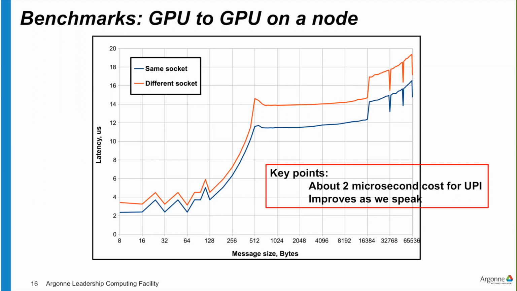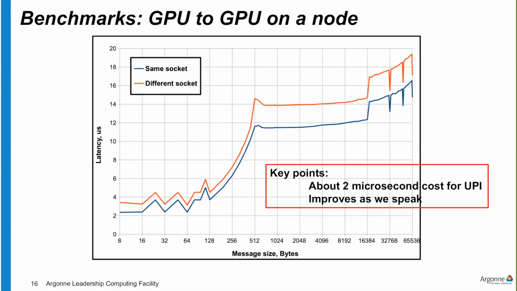As you might see here, I'm presenting latency, placing the two MPI processes on the same socket or on different sockets. We have about a 2 microsecond cost when we cross the socket. As we increase the message size, the bandwidth becomes the most important part.